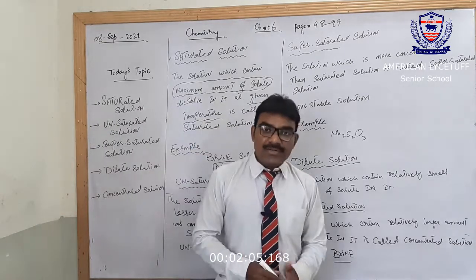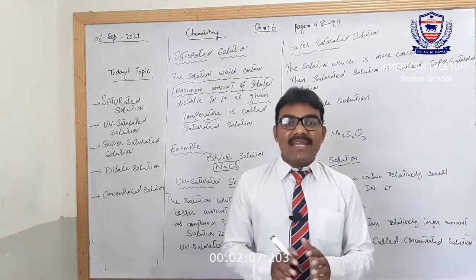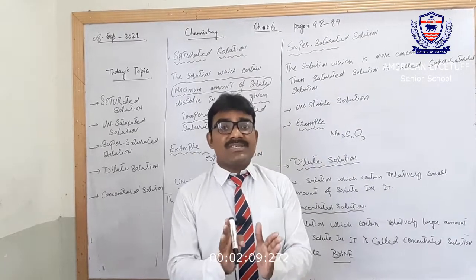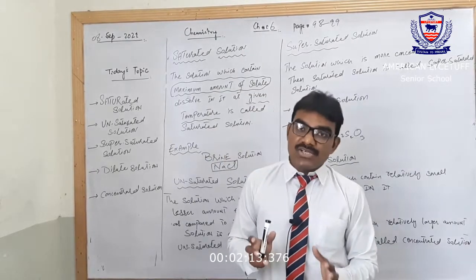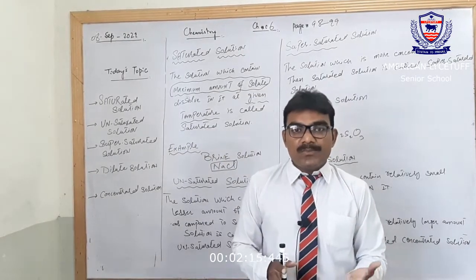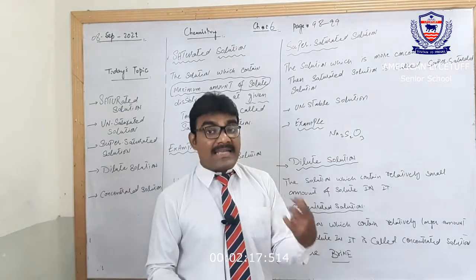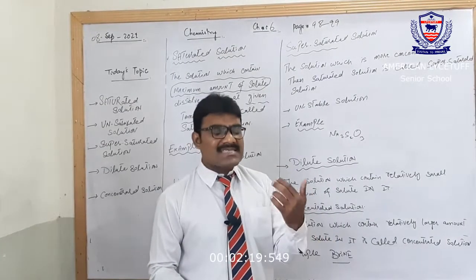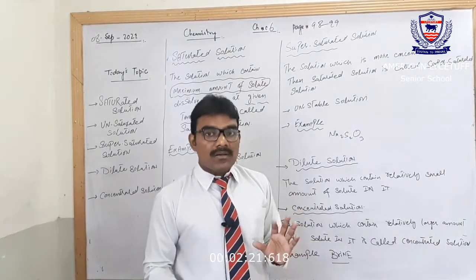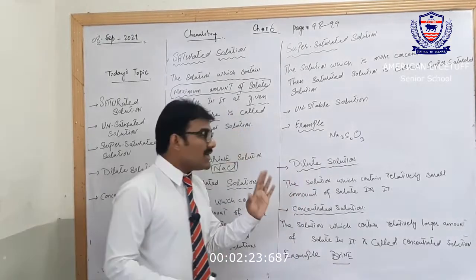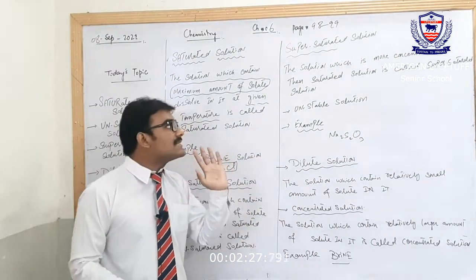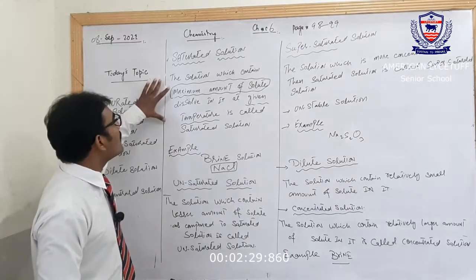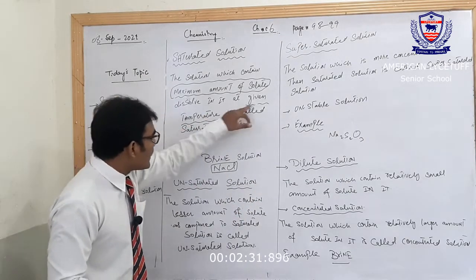Because the solubility of anything depends upon temperature, which is the most important factor controlling solubility. Solubility increases by increasing the temperature. It is a common principle used in chemistry. That's why the book uses the words at a given temperature.